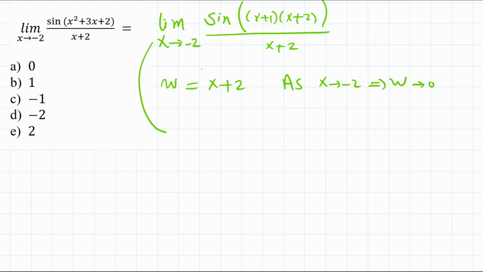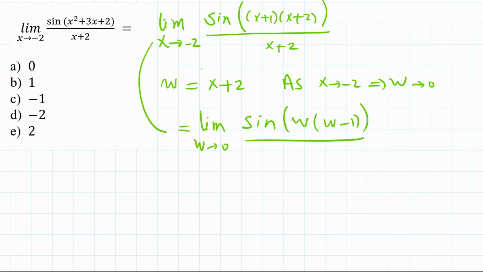So this limit now could be written as the limit w goes to 0 of sine. Now this x plus 2 here is just a w, and now x plus 1 would be w minus 1. That's it, right? And down here we have a w.